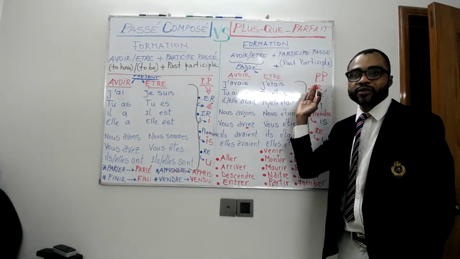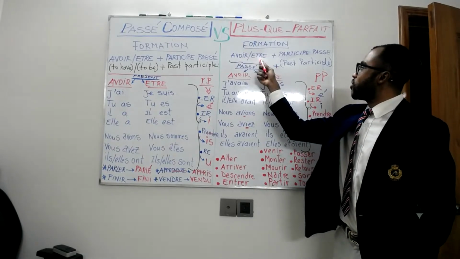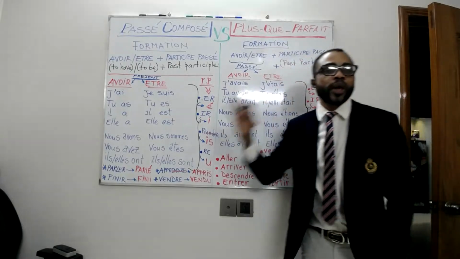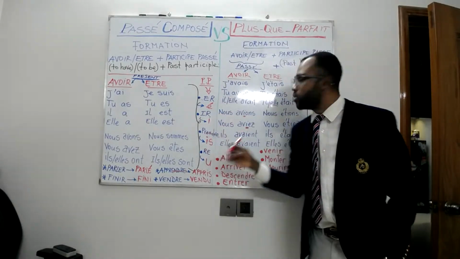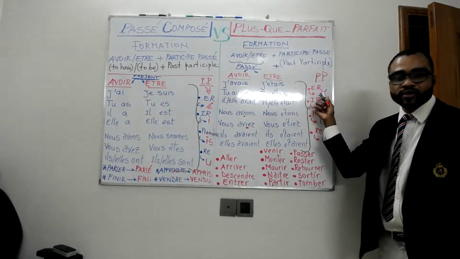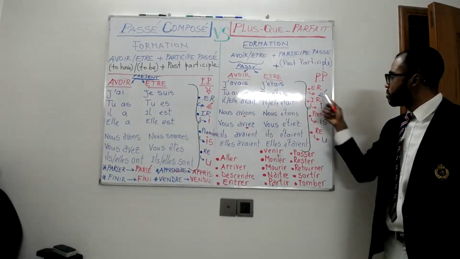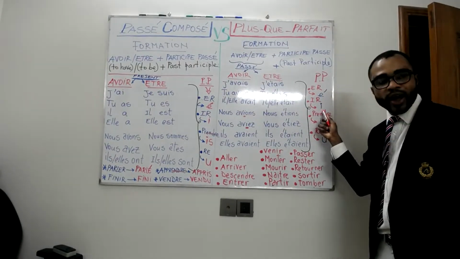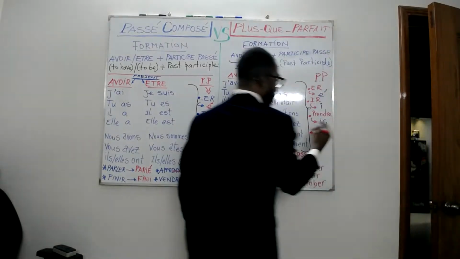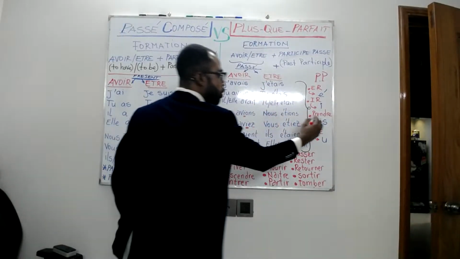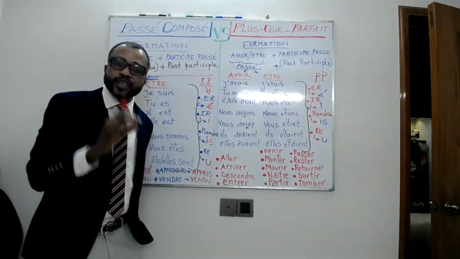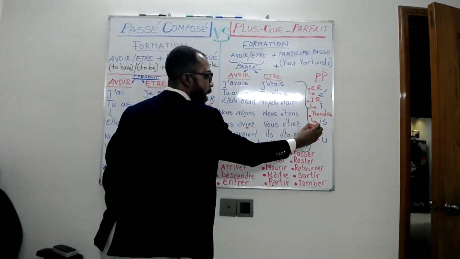Same formation. Être or avoir plus past participle. So we use the same past participle pattern. For ER verbs, we remove ER, we get É. For IR, we remove IR, we get I. For verbs composed with prendre, we remove ENDRE and add IS.